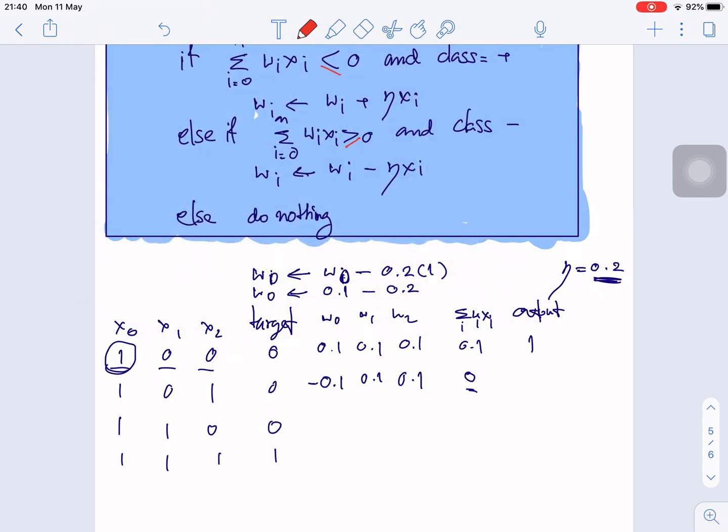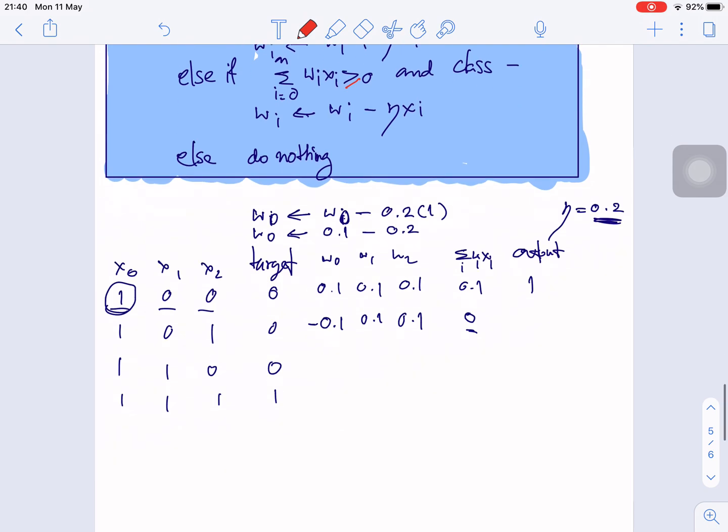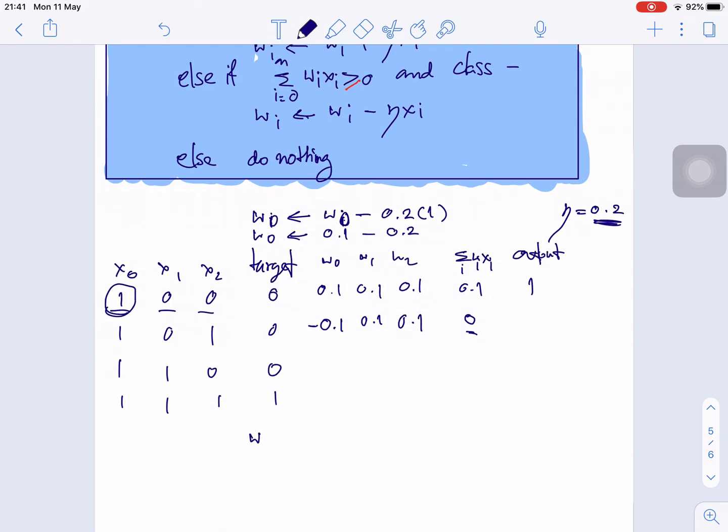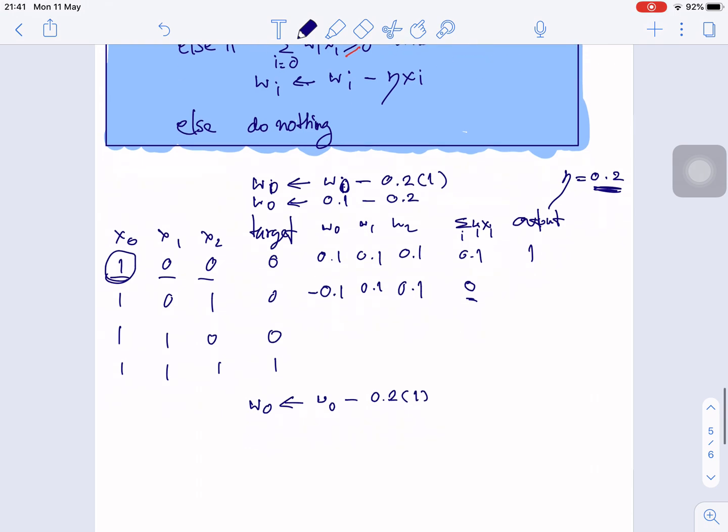So again, I will write here: W0 will be W0 minus learning rate times x. This x0 must be 1, right? So it will be minus 0.1 minus 0.2, so this will be minus 0.3. And how about W1?